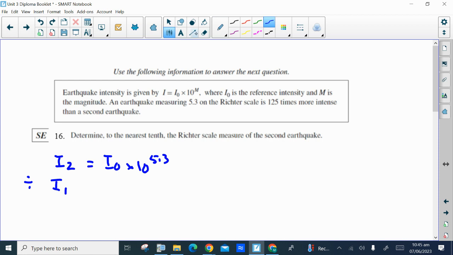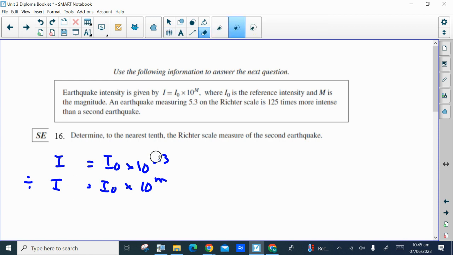So this actually should be I sub 1 and I sub 2. No, I'm sorry, I had it right to begin with, because we want to find the Richter scale measure of the second earthquake. So this will be I sub 2 over I sub 1.